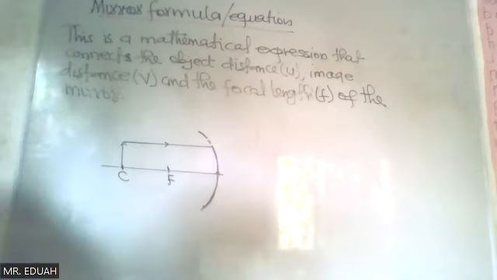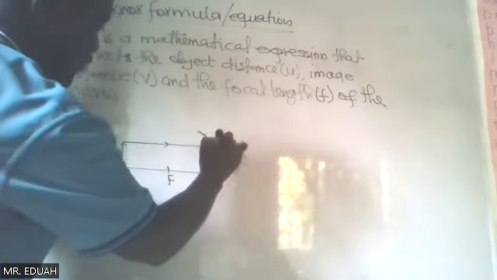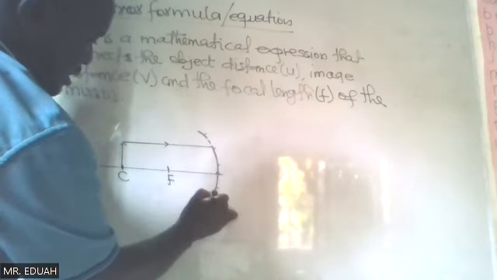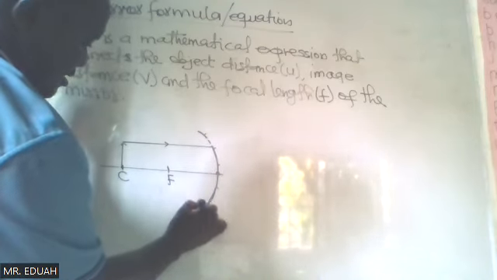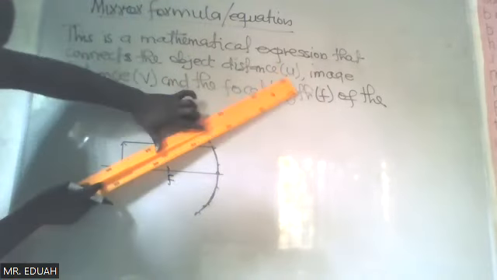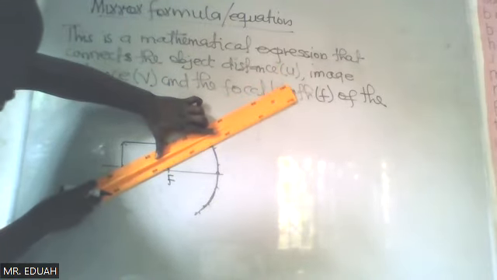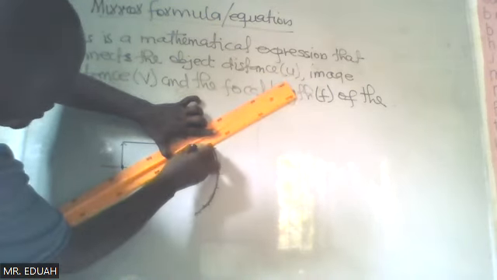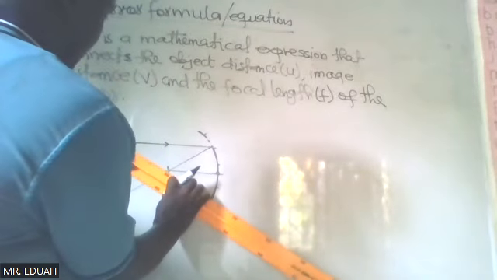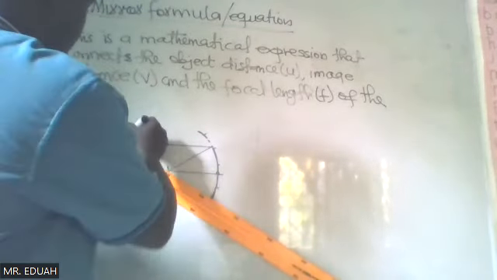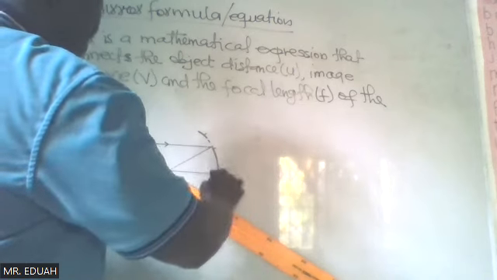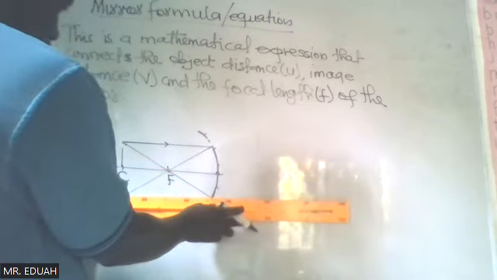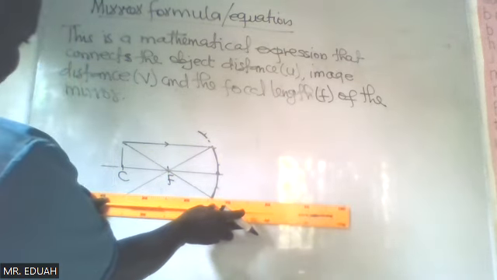C. A ray of light parallel to the principal axis will reflect and pass through F. A ray of light passing through F would have to reflect and then be parallel to the principal axis.